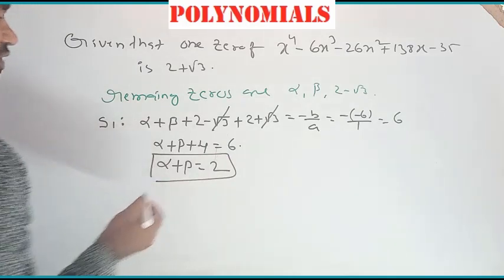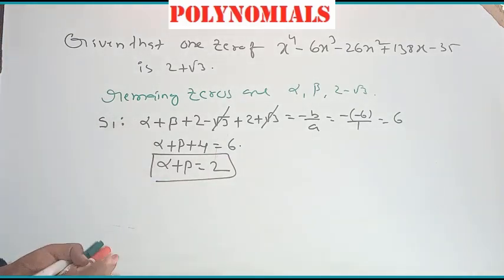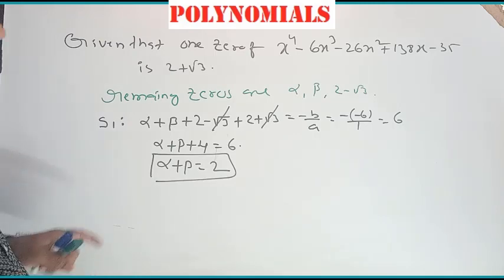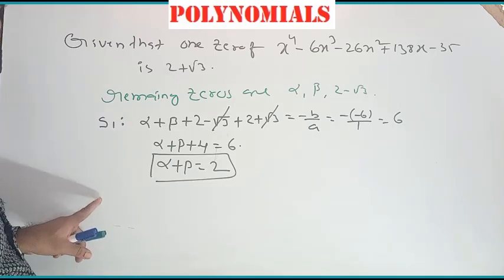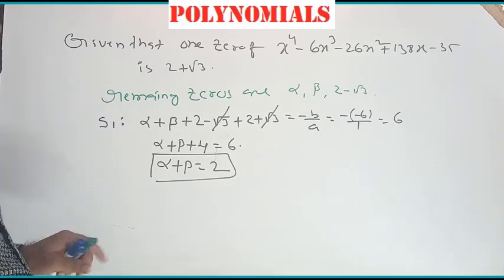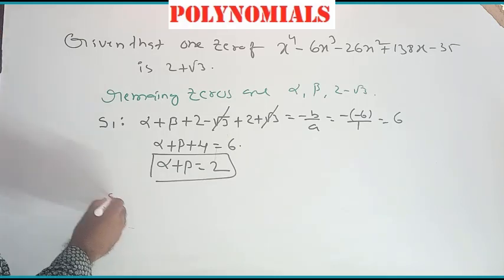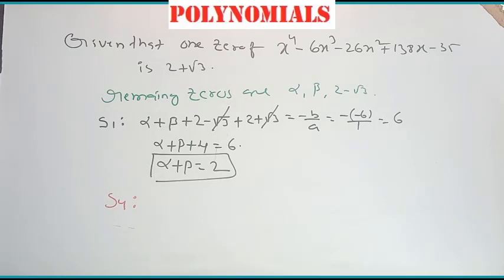So I got one relationship between alpha and beta. Now I want one more relation between alpha and beta that can be obtained from S2 or S3 or S4. I will prefer S4. S4 means the product of all the zeros.